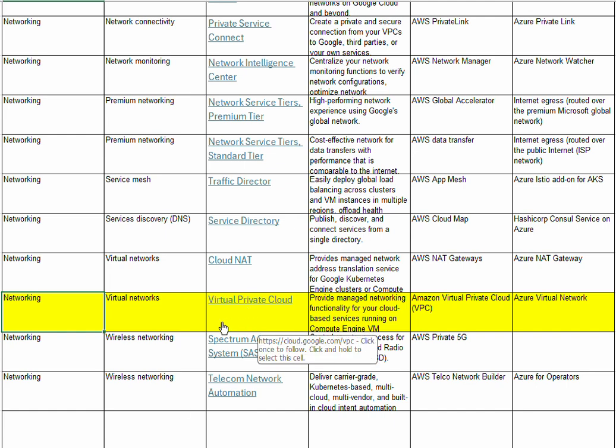On Google Cloud, they call it a Virtual Private Cloud. On AWS, they call it a Virtual Private Cloud too, again a VPC. And on Azure, they call it a Virtual Network or VNet. Inside the VNet there are multiple subnets, and the resources are deployed or divided into the different subnets.